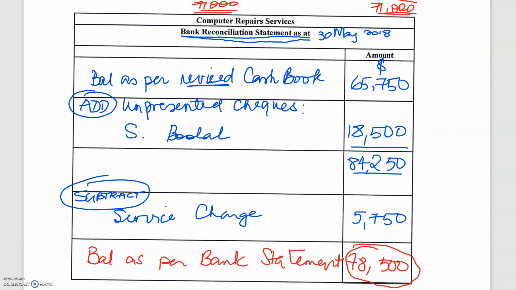And our balance as per bank statement in this case is $78,500. So we have started with our balance as per revised cash book, added the unpresented checks, subtracted the service charges which were unknown to us, and we have arrived at the balance as per bank statement of $78,500. I hope that you enjoyed this video series, and I wish you luck in preparing your bank reconciliation statements.